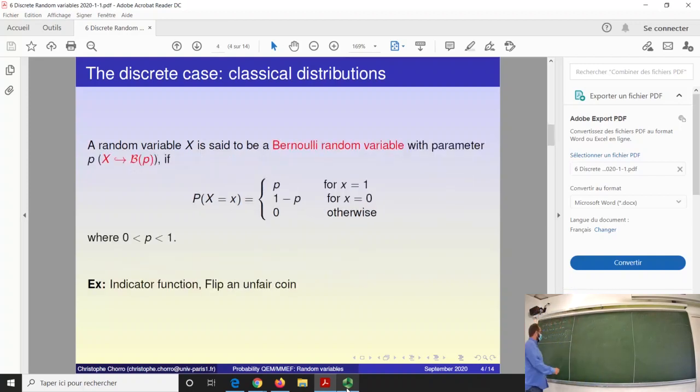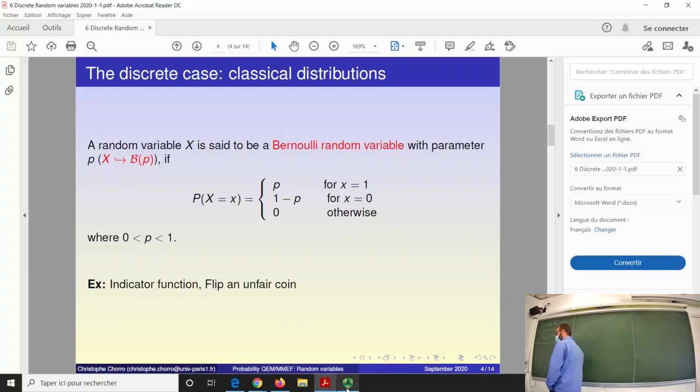Now, the Bernoulli random variable. So I say that the random variable capital X is a Bernoulli random variable, Bernoulli was a French mathematician, with parameter P. So P here is a number that is strictly positive and strictly less than 1.